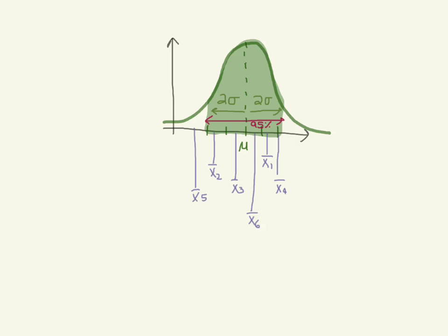So let's make one here, and this one will be like that, and I'll do another one over here. And whenever you do one of these sample means, 95% of the time, the population mean is going to be within this interval, right? Any time the sample mean was within here, that means the interval around it is going to include the population mean.